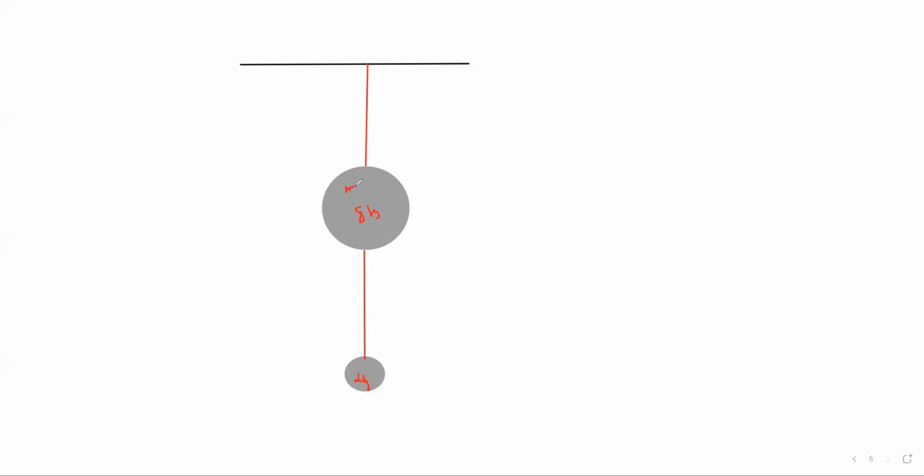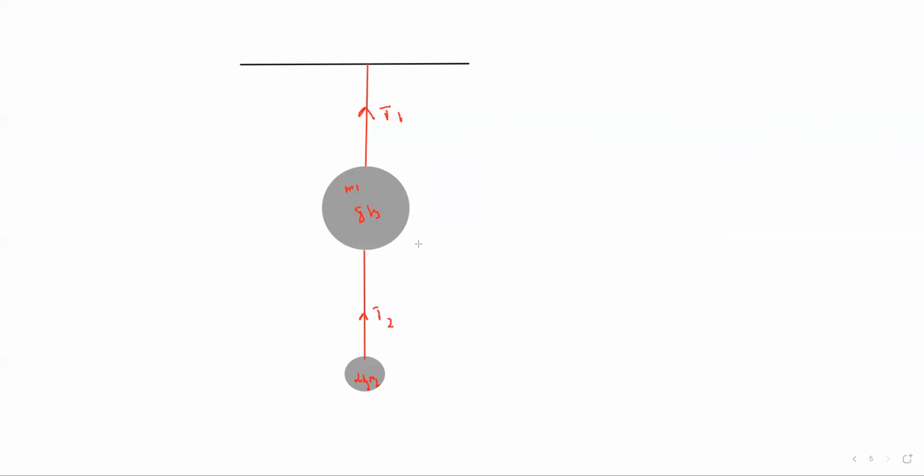If I say this is M1, this one will be M2. When we draw the free body diagram, first the direction of the tension. If I say this is T1, that's acting up. And T2 is also acting up, because I told you the direction of the tension with respect to the object is to pull the object.